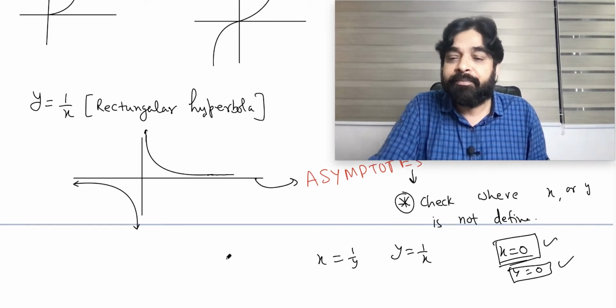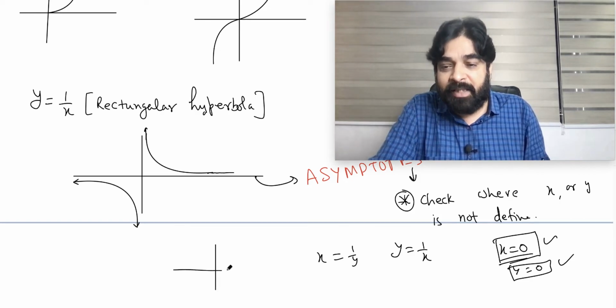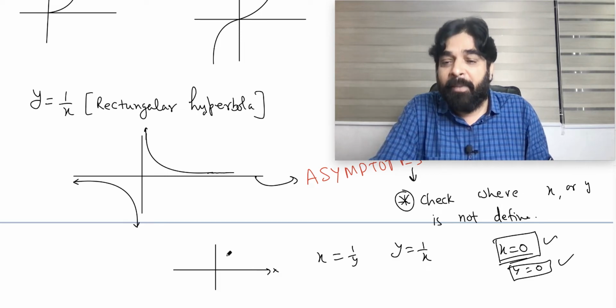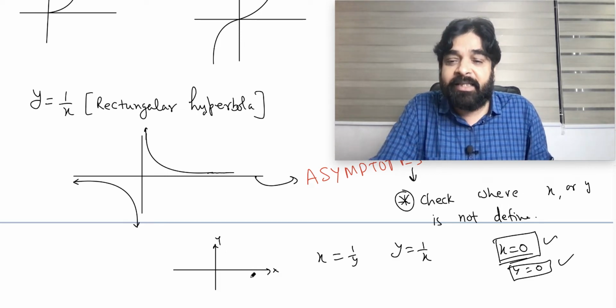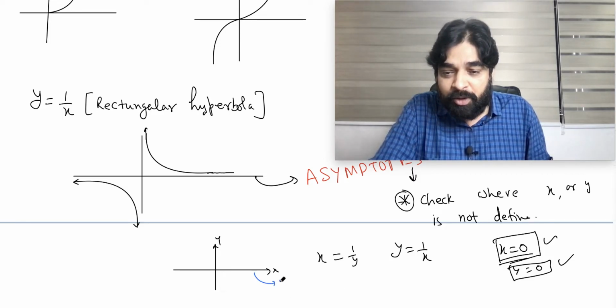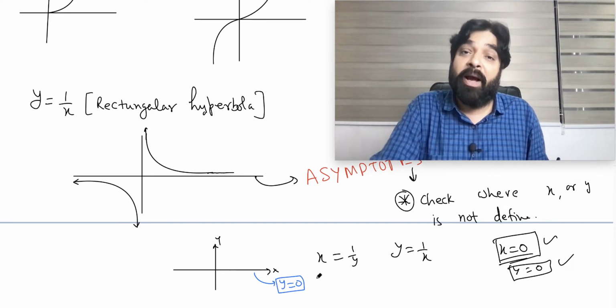I know most of you already know this, but still I am writing it. The x-axis equation is always y equals 0. If anybody asks what is the equation of the x-axis, you say y equals 0.